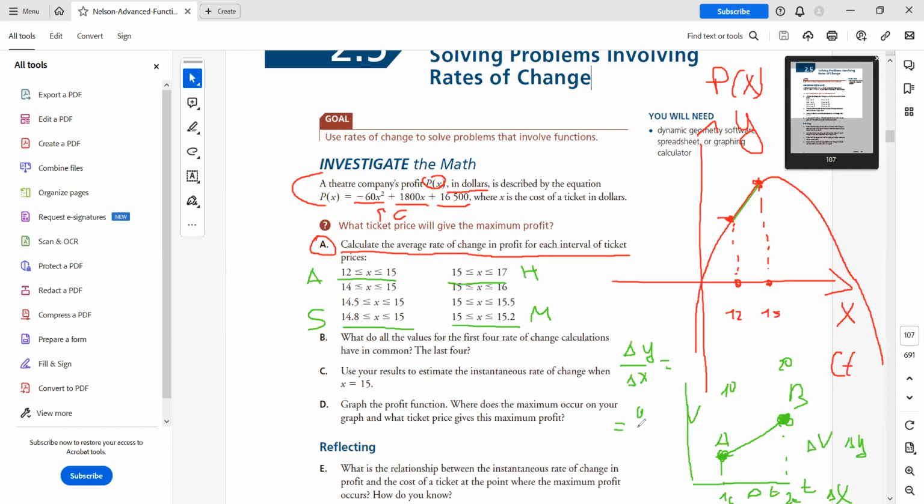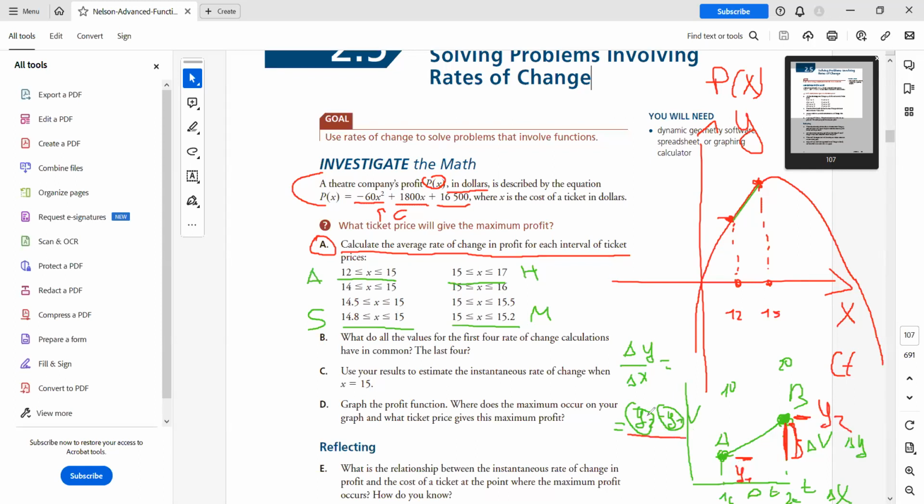equals y2 minus y1. So the value in the second point minus the value in the first point gives us this change on the y-axis, you see? The change between the value in point B and point A. So y2 minus y1.